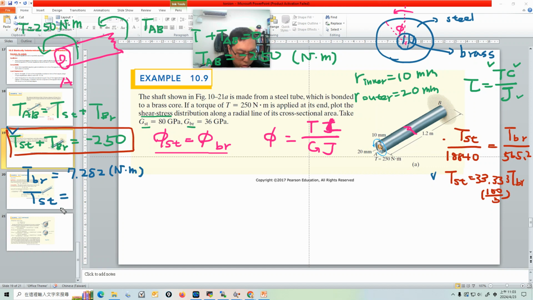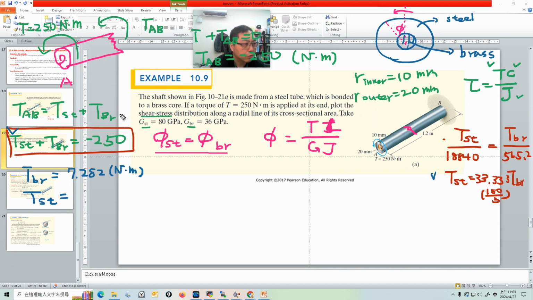Let me see. TST is still plus TBR. Is this equation wrong? Let me check. I think the equation is right.